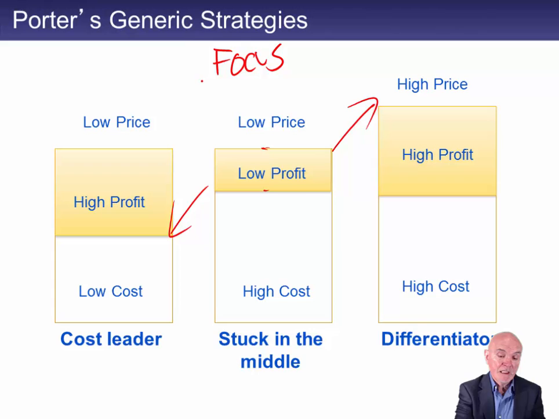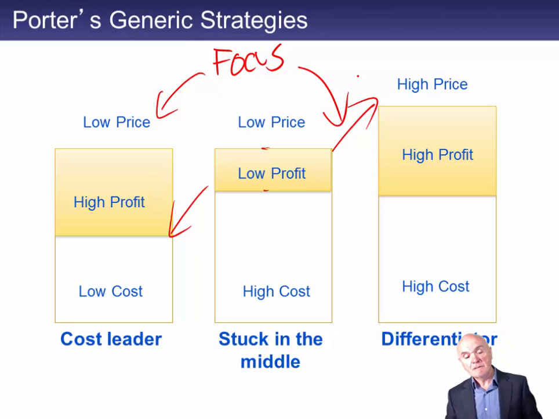Strictly, you can become a focus cost leader, or you can become a focus differentiator. That always seems more logical to me if you become a focus differentiator. Because if you're just focusing on one little niche, one little specialty part of the market, then you're going to look after it really well. You're going to provide it with products and services which suit it really well, and which it is going to pay more for.